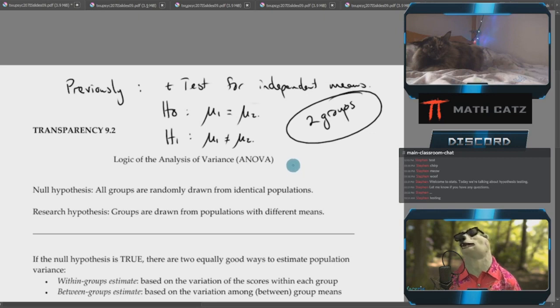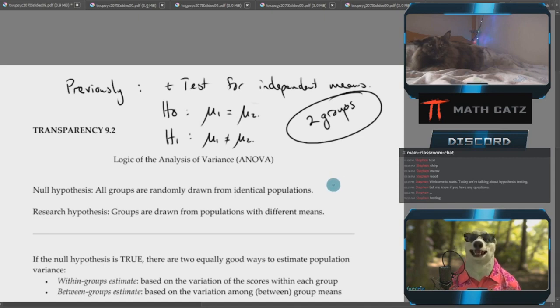But our null hypothesis is the same. It's just an extension of the previous independent means t-test, where we, under the null hypothesis, assume all the populations, all the groups are identical. Now, there could be slight variation in the groups, of course, but they come from identical populations, and therefore their means are the same, the population means.